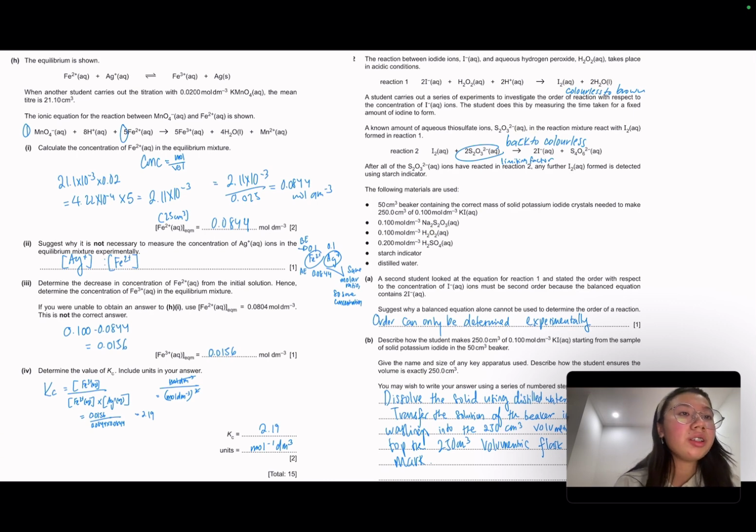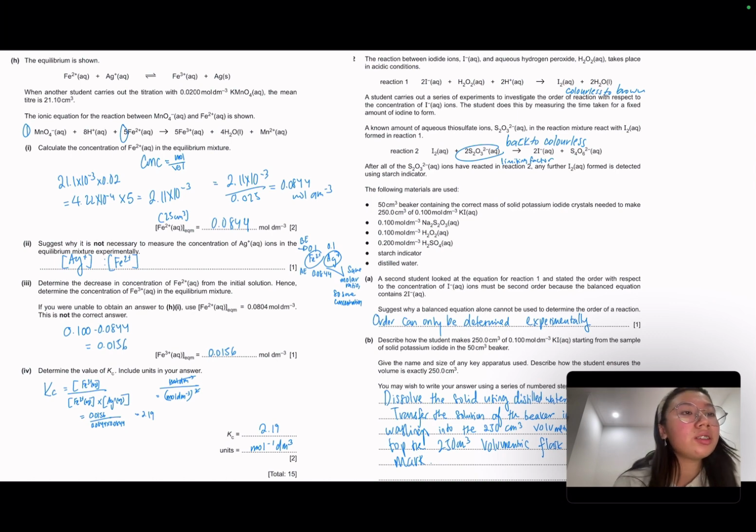Okay, the following materials are used: a 50 cm³ beaker containing the correct mass of solid potassium iodide crystals needed to make, they'll probably ask, how are you going to make that solution? 250 cm³ of 0.1 mol/dm³ KI, 0.1 mol/dm³ Na2S2O3, the same concentration for H2O2, 0.2 mol/dm³ H2SO4, your starch indicator, and distilled water.